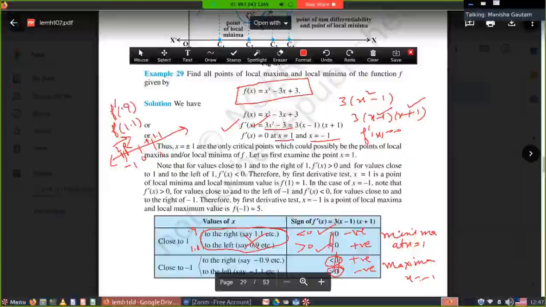This concept shows you at x is equal to 1, you are getting minima, and at -1 maxima. Those values can be calculated if you put x is equal to 1 in this function f of x. It means f of 1 will give you the minimum value, f of -1 will give you the maximum value.